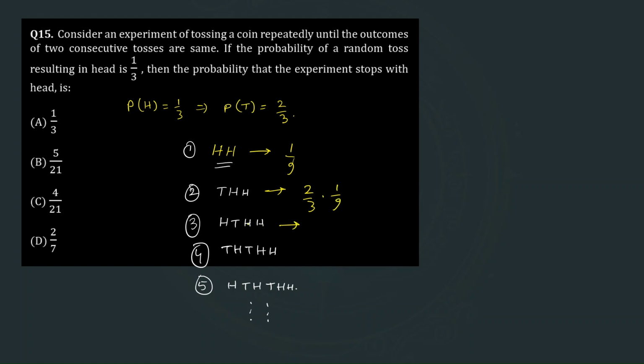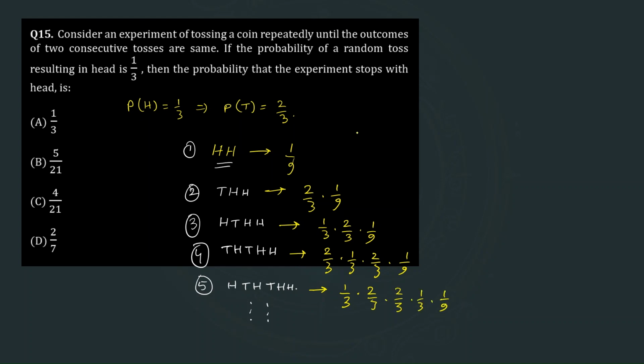The probability of this will be 2 by 3 times 1 by 9 times 1 by 3. So 1 by 3 times 2 by 3 times 1 by 9. This will be 2 by 3 times 1 by 3 times 2 by 3 times 1 by 9. This will be 1 by 3 times 2 by 3 times 2 by 3 times 1 by 3 times 1 by 9.